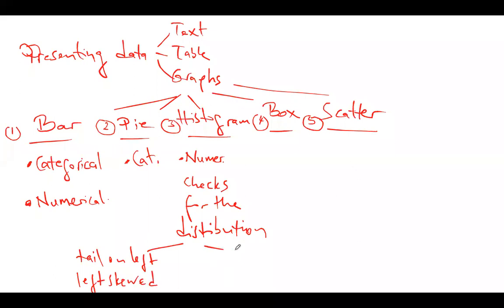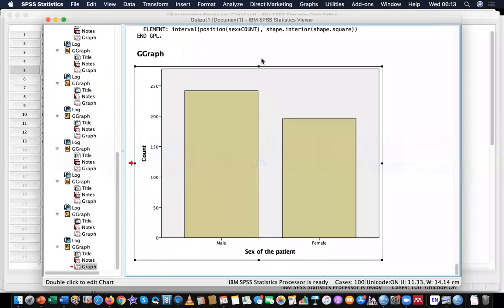If tail on the right, we call it right skewed. This I will ask in the exam. Okay, so histograms are used for numerical data, and it is useful to check for the distribution, whether it is symmetrical or not, whether our variable is distributed symmetrically or not.